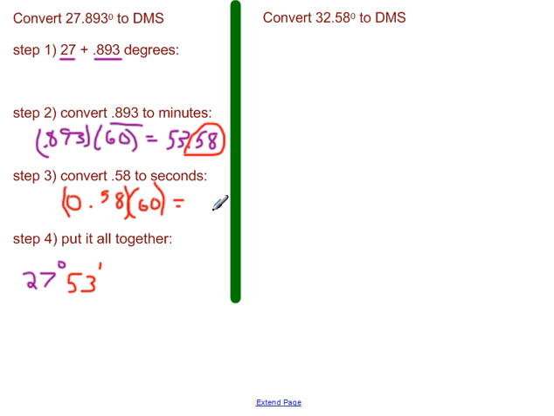So 0.58 times 60, and I get 34.8. Since we don't have any units smaller than seconds, we're just going to round this value, so that becomes 35 seconds. So in the end, we see that 27.893 degrees equals 27 degrees, 53 minutes, 35 seconds.